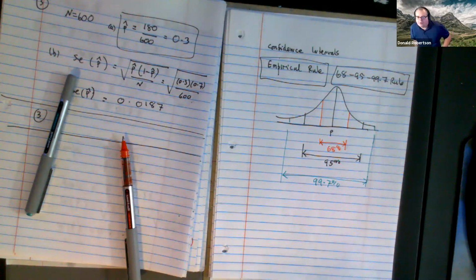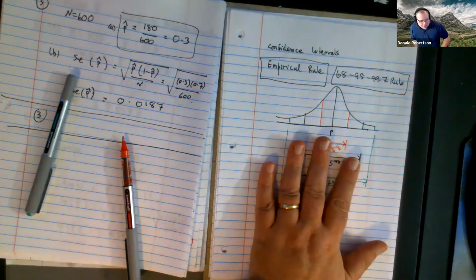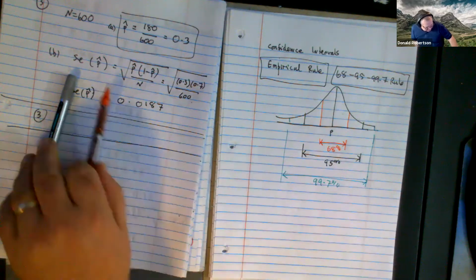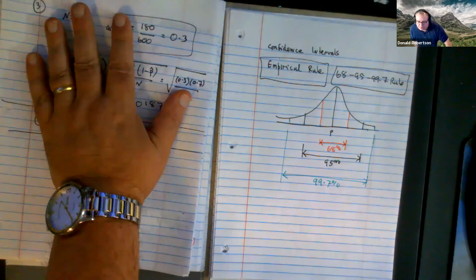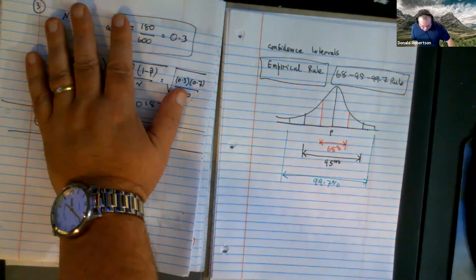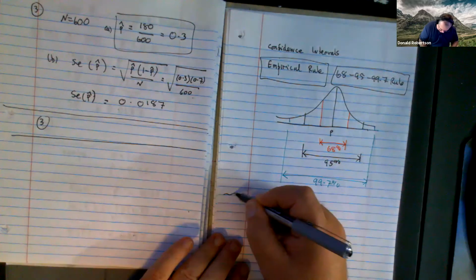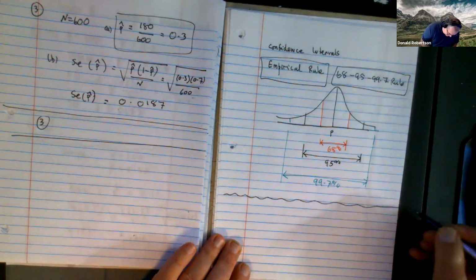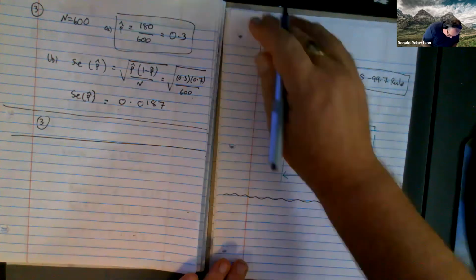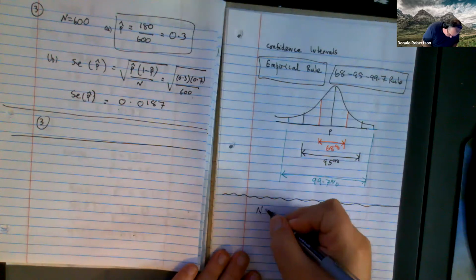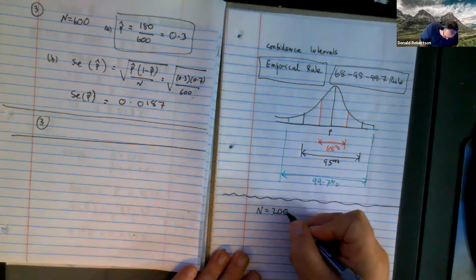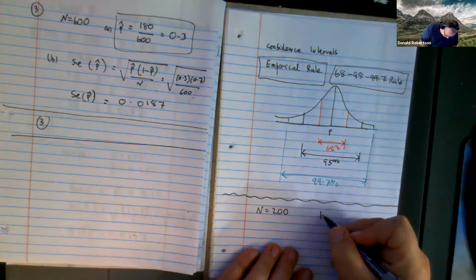Now you say, well, how are we going to use this rule to kind of advance on what we've done? Well, let's give you an example of that. Imagine that I have a sample of 200 people, and I wanted to know what percentage of them smoked.